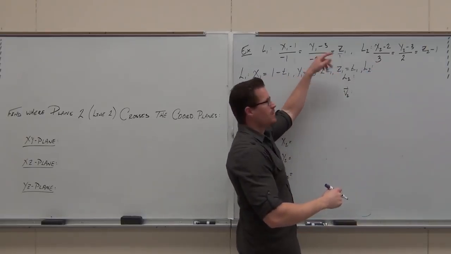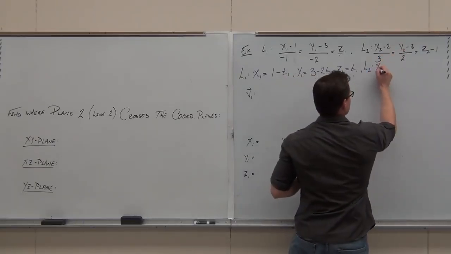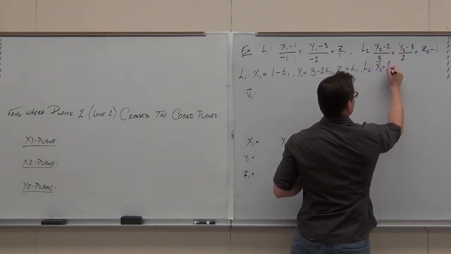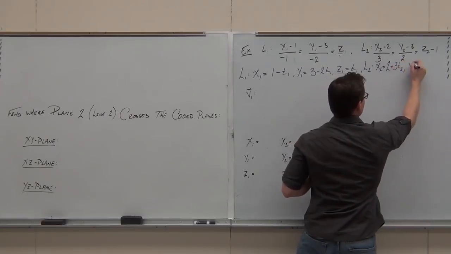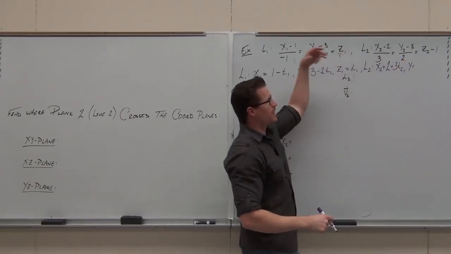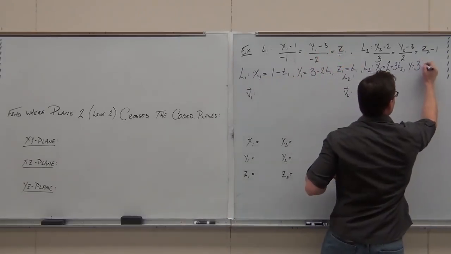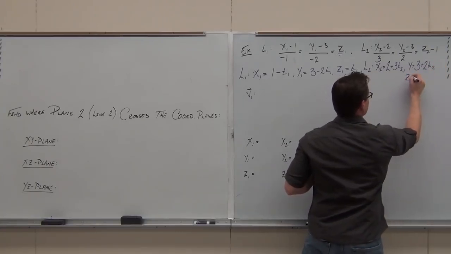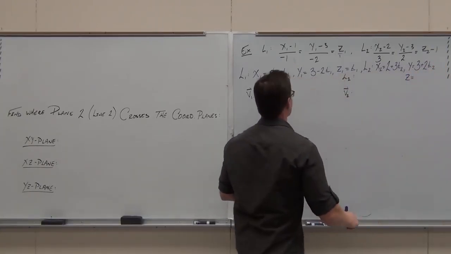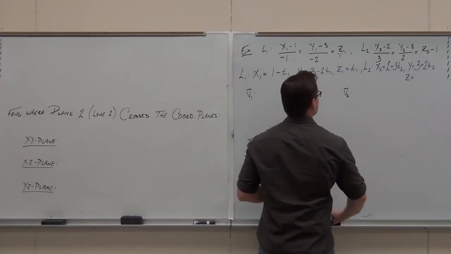L2, same stuff. Multiply the t2 times 3, add the 2. Multiply the imaginary t2 times 2, add the 3. It's about 1 plus t for z2.